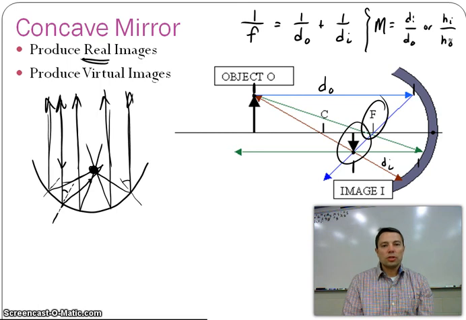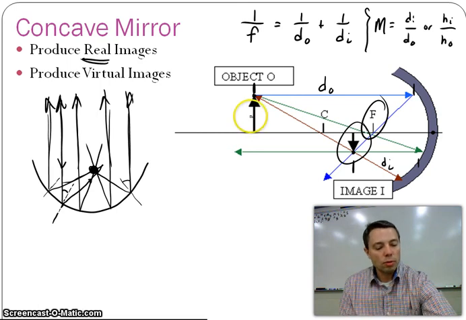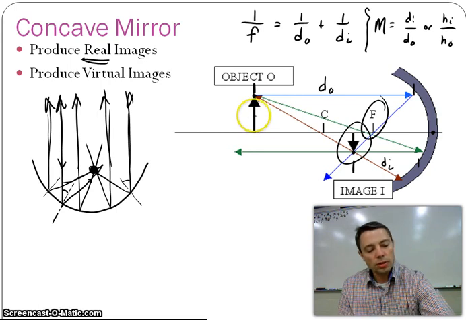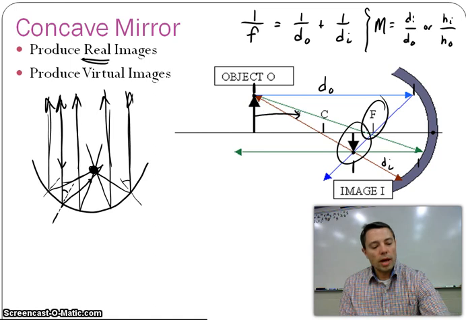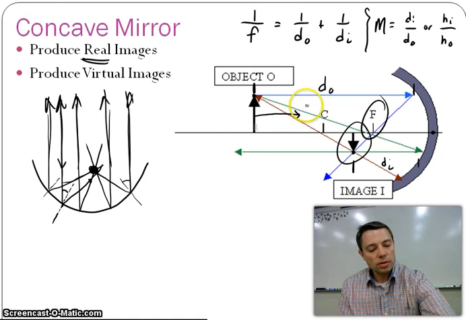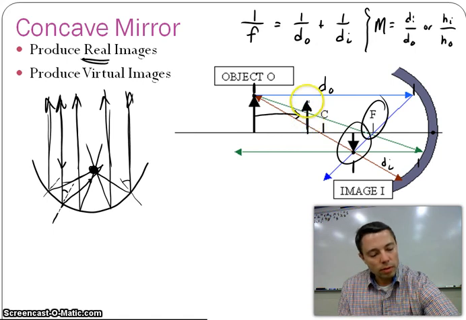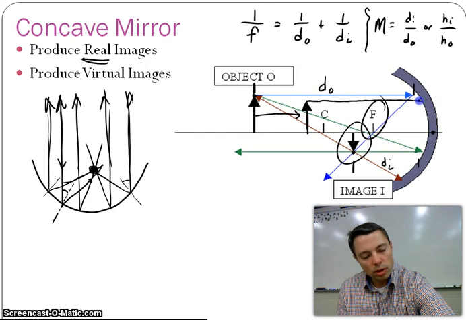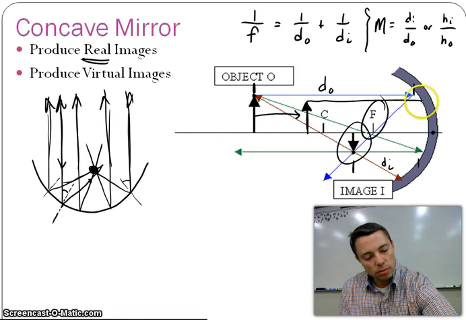Now, as we start to move an object closer, here's my object. My first ray comes in parallel, and comes down through the focal point.